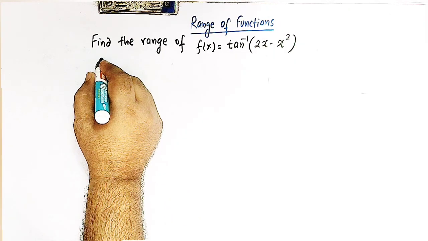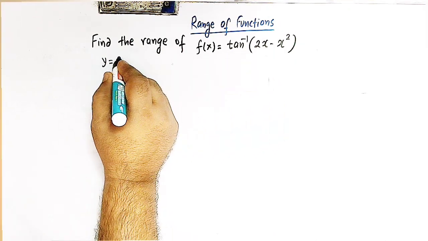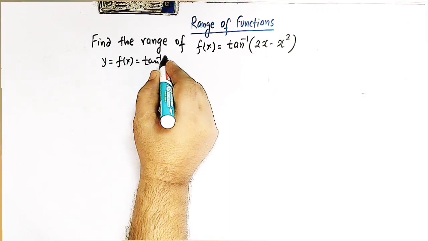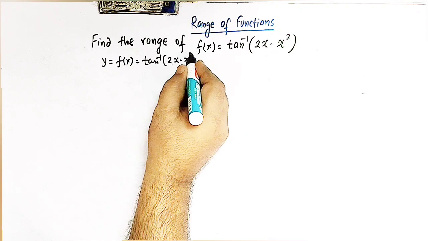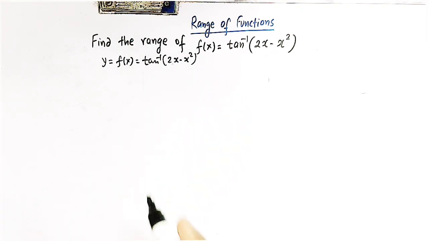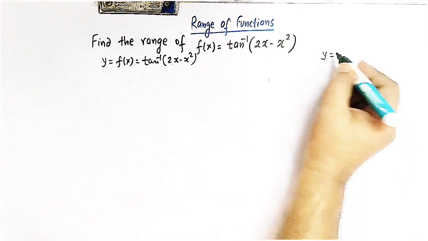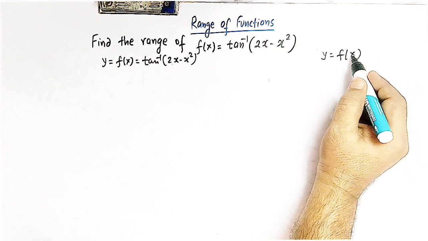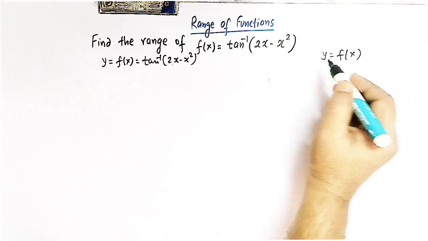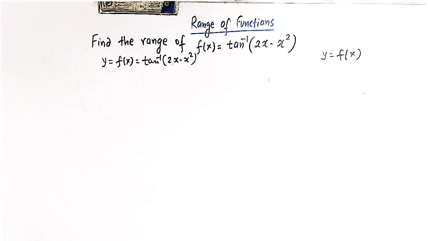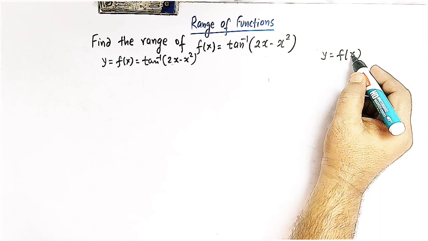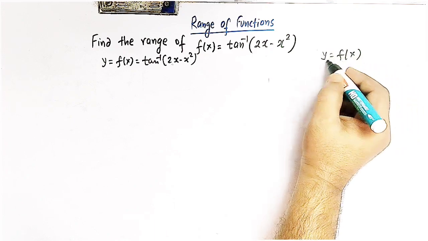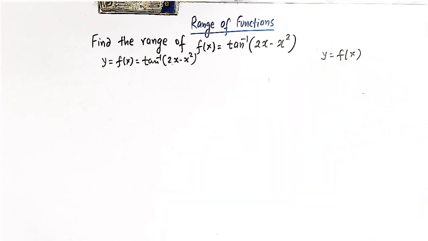So now let us first take y is equal to f of x, that is tan inverse of (2x minus x square), right? Now see, whenever we have a function, say y is equal to f of x, and this x is known as the independent variable and y is known as the dependent variable, then for all valid values of x, we have a corresponding value of y, right?